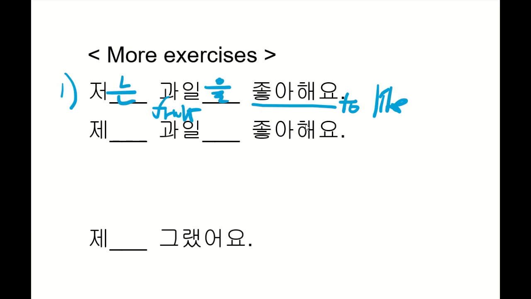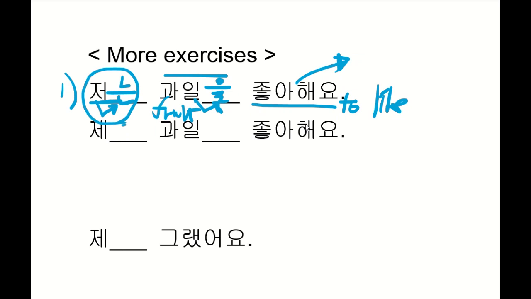Because it's subject here, and this is object. So ends with a vowel. So 는 과일을 좋아해요. This is a general fact. That's why we use this topic marking particle. It's about my preference in food, in fruit.